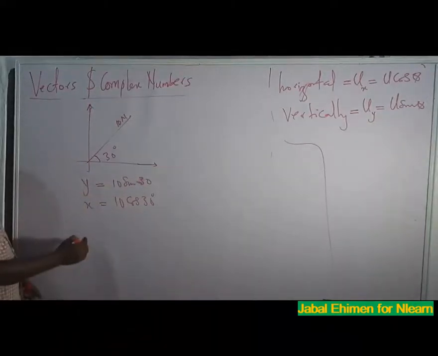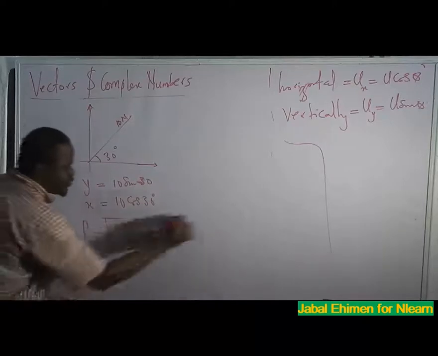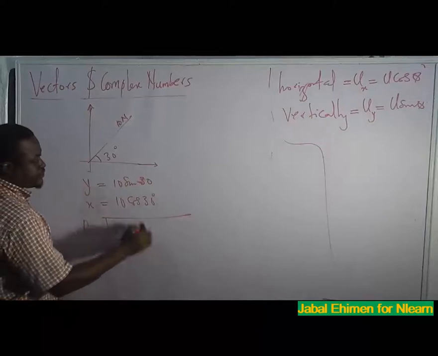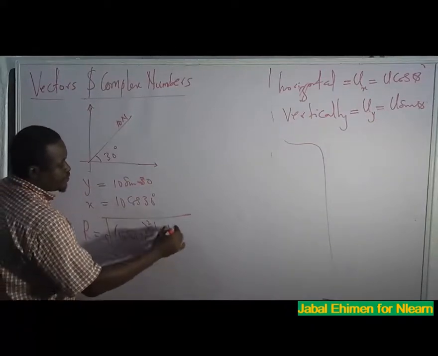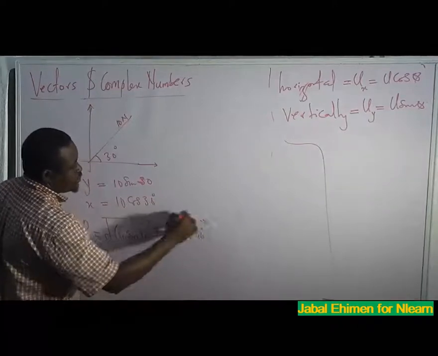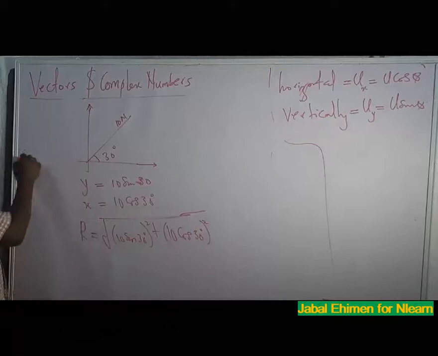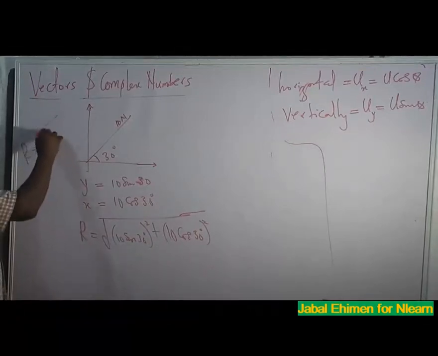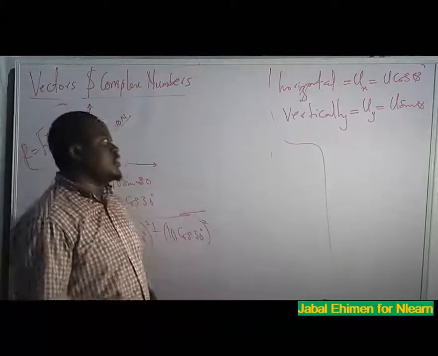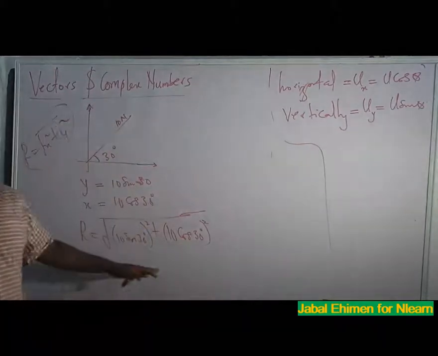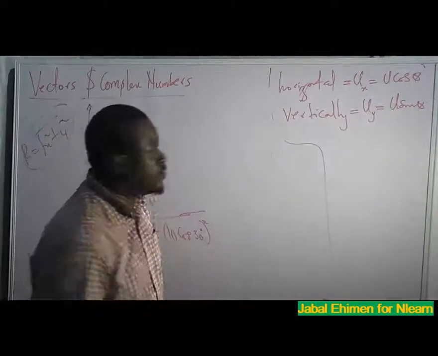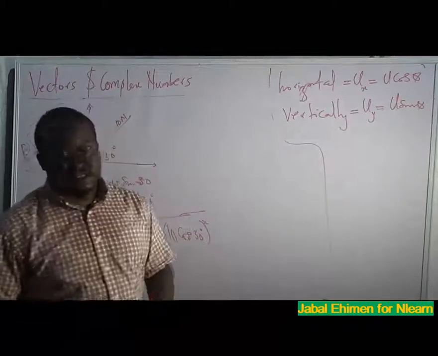Because of that, the resultant of this vector will become the square root of (10 sine 30 degrees) squared plus (10 cos 30 degrees) squared. The reason is that the resultant is x squared plus y squared. Beautiful. So whatever you calculate and get as the value here becomes the modulus or the total resultant of that vector.